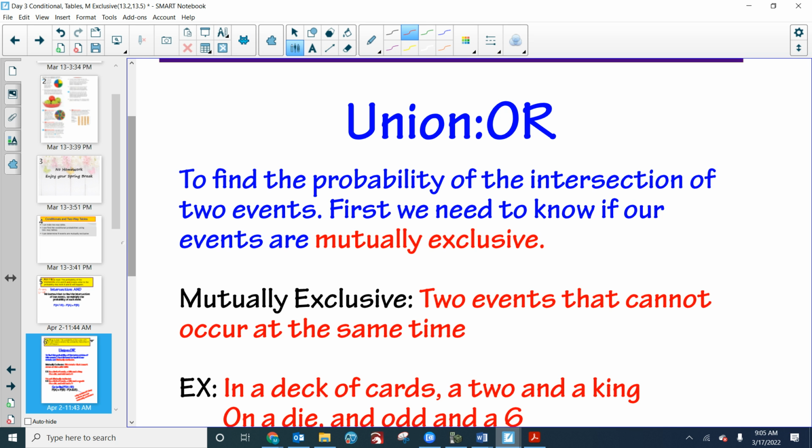Back to a deck of cards. Are 4s and red cards mutually exclusive? No. There's the 4 of hearts and the 4 of diamonds. Are red cards and black cards mutually exclusive? Yes. So these are two events that cannot occur at the same time if they're mutually exclusive.